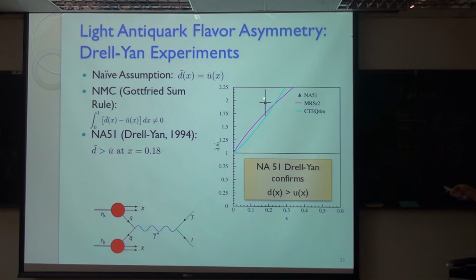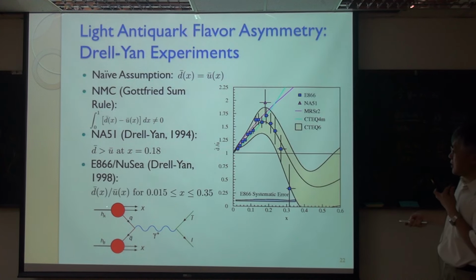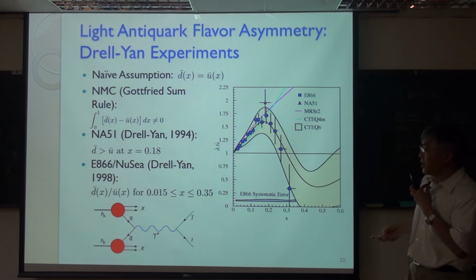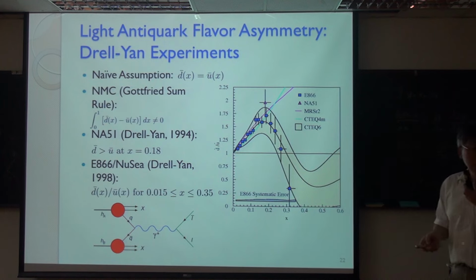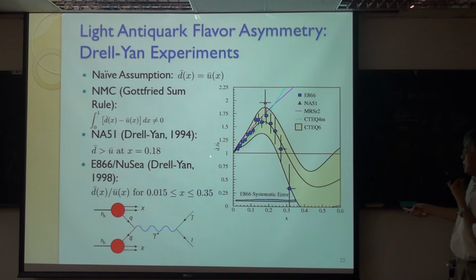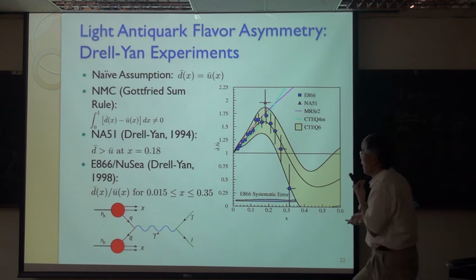So right now we really pin down at a certain x region that the d bar and u bar ratio is not 1. They are actually 2 over there. And then there is another following experiment carried out at Fermilab, which provides a detailed mapping of this flavor structure of d bar, u bar across a wide range.